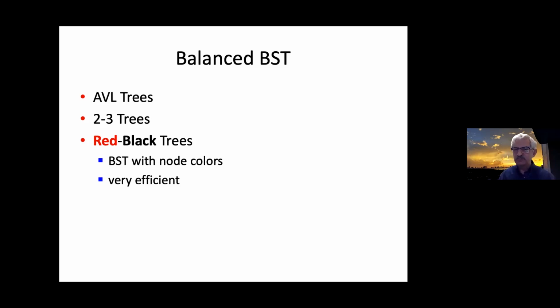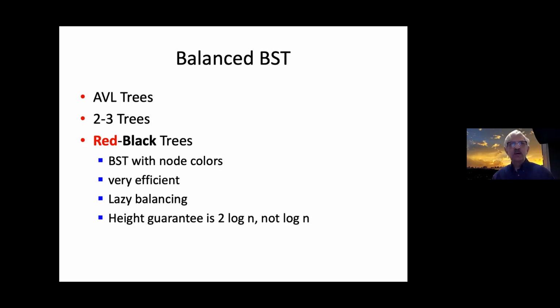In fact, they're more efficient than in a binary search tree. And we do something called lazy balancing, which means, like most of us, we don't do the work unless it becomes really, really necessary. So it waits until things get really bad, and then it fixes stuff. And that's why it's called lazy balancing.